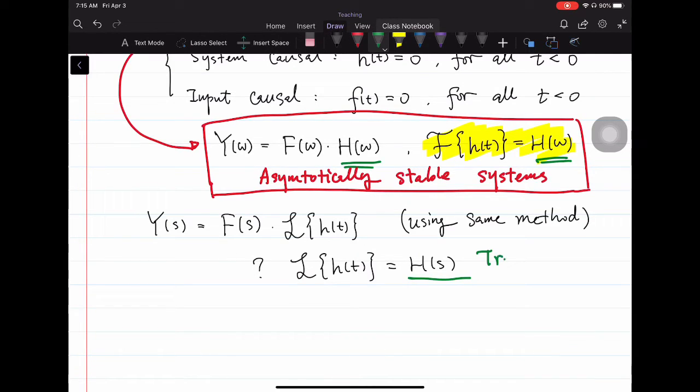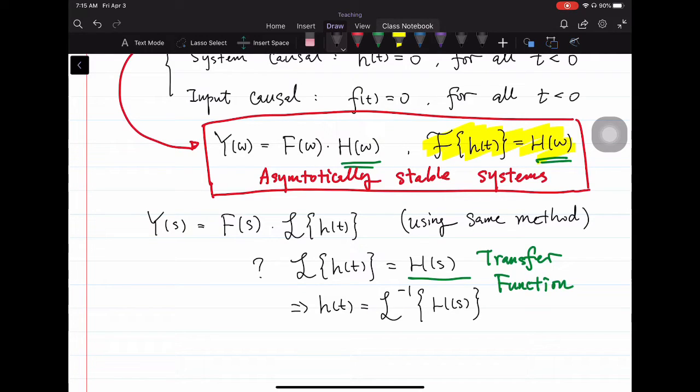We know the transfer function can be calculated very easily through the differential equation. This is what we did in chapter 2, and you have done it in the first exam. We haven't shown this yet, but if this is the case, it indicates that h of t is equal to the inverse Laplace transform of H of s.